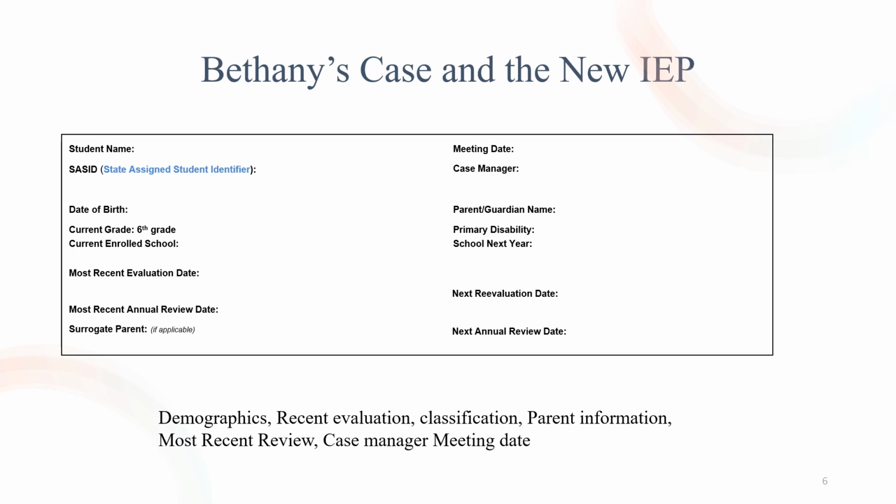And then again, multiple service providers can also access the IEP for the student. So again, the student's name, and this is all demographics, evaluation information, classification or primary disability, parent information, most recent review, case manager, and meeting date.